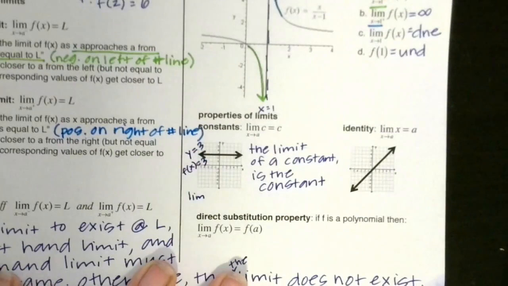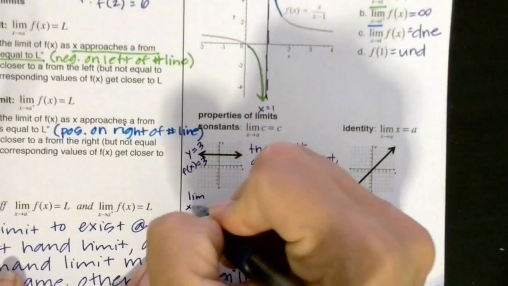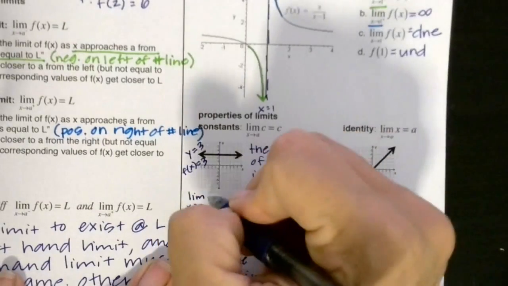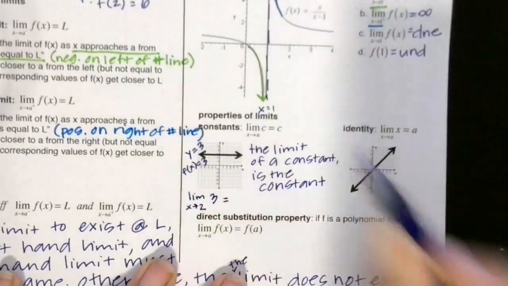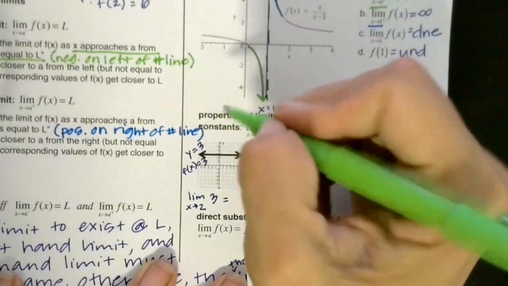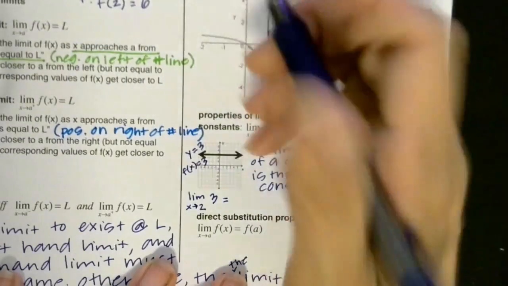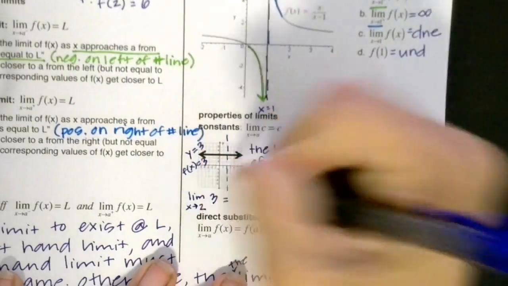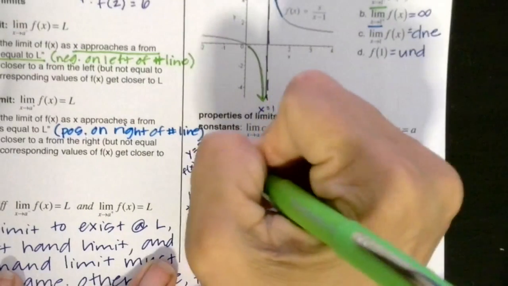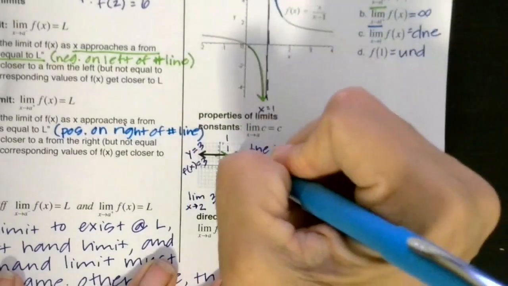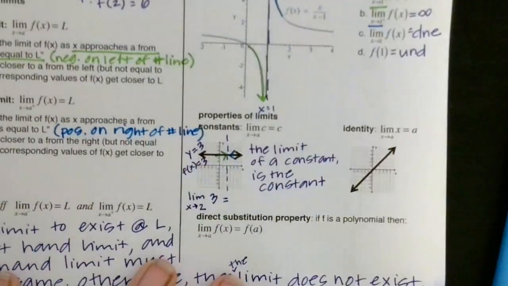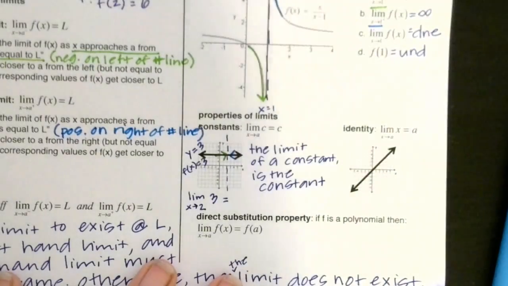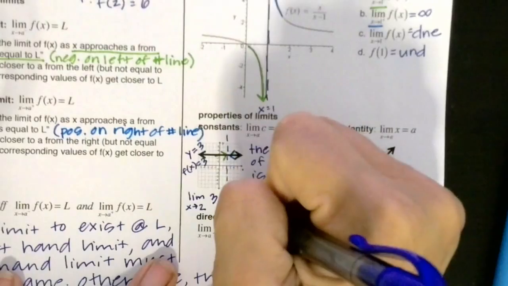So if I said, what's the limit as x approaches 2 of 3, which is what this graph equals, the answer would be, okay, well, when I come in from the left it equals 3, and when I come in from the right it equals 3, so that must mean that the intended height is 3.